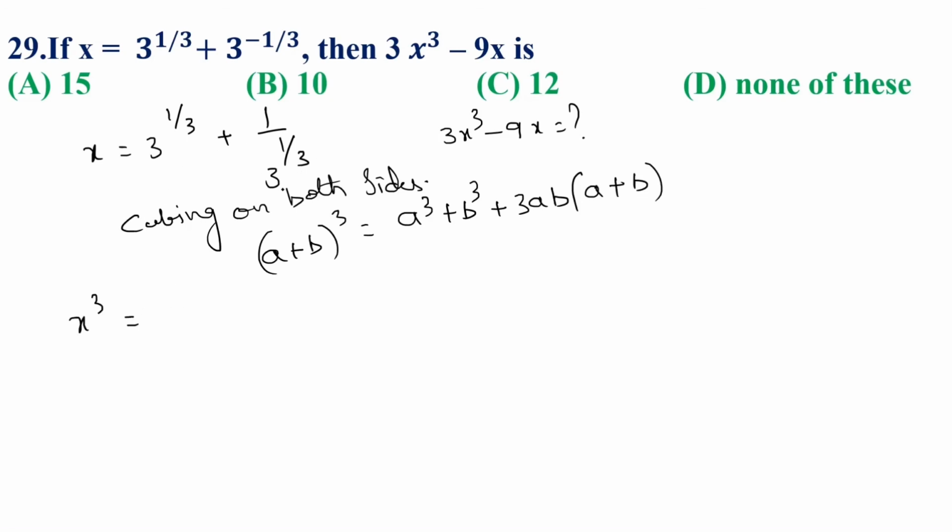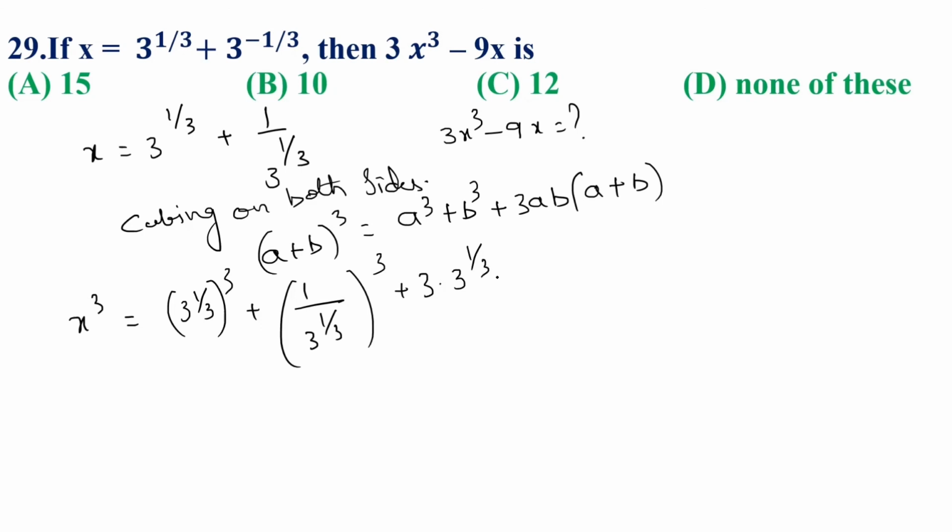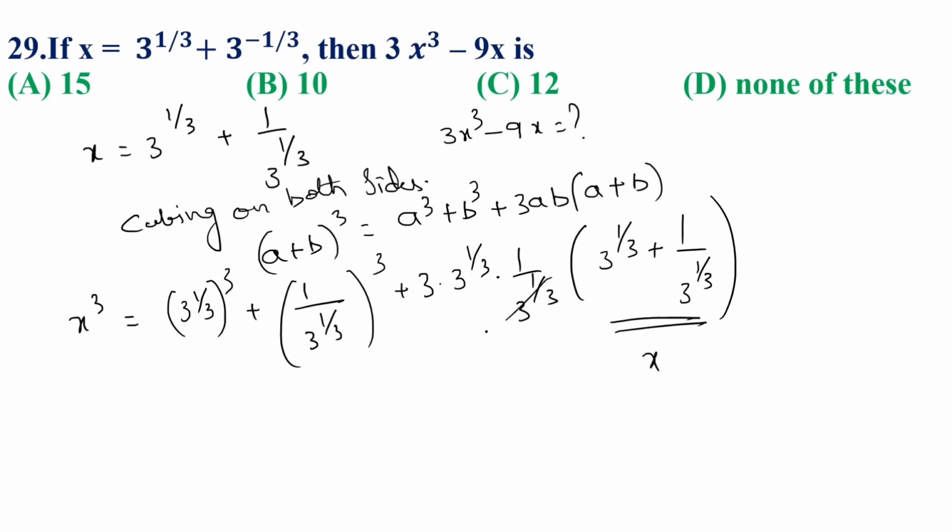So (a plus b) whole cube will become a cube plus b cube plus 3ab into (a plus b). This a plus b part we can write as x. So this will be cancelled.